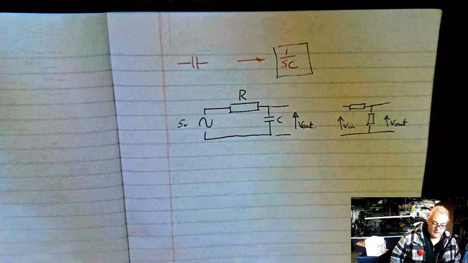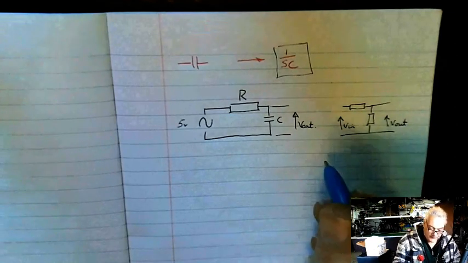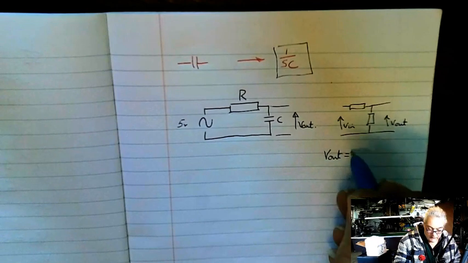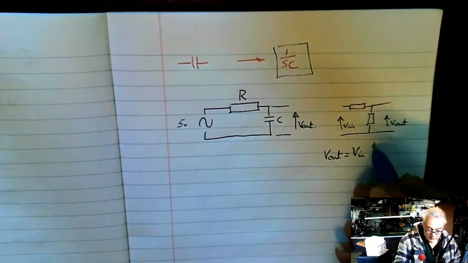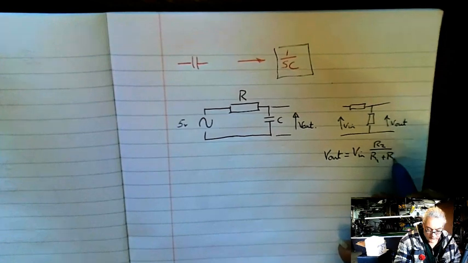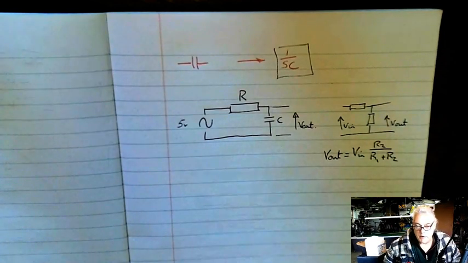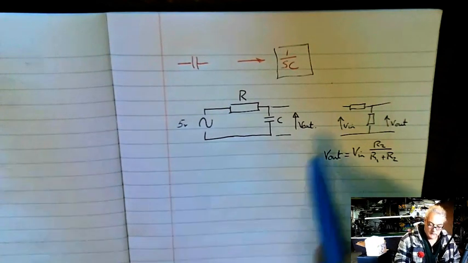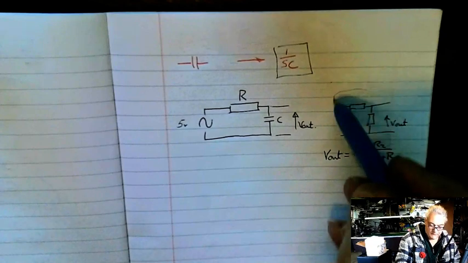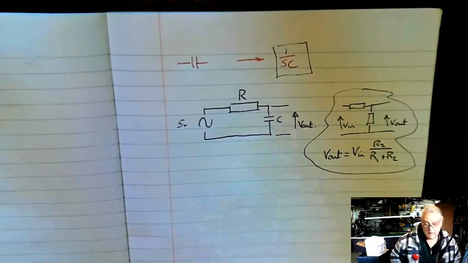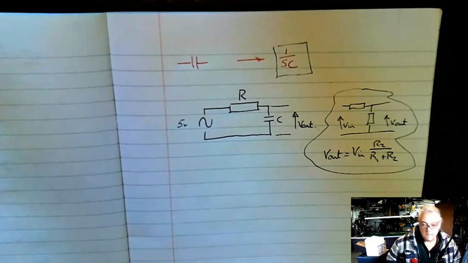That was a potential divider, and we derived the equation, V out is equal to V in R2 upon R1 plus R2. Can't remember that? Go back through the videos, it's there. And so we've got a way in which we can solve this one. Why can't we have a way in which we can solve the one on the left?